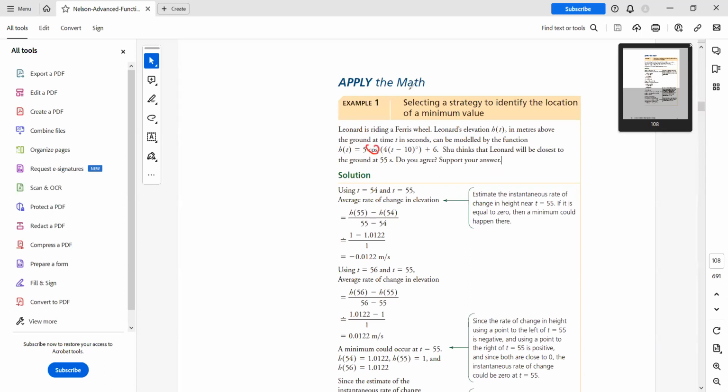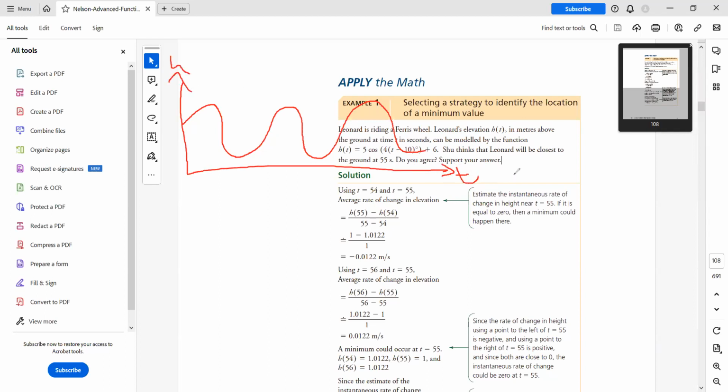We can see that this is a cosine function, or trigonometric function, which looks as follows. It's a periodic wave like this, and if this wave describes height with respect to time, then the lowest point of this cosine function, where the tangent equals 0, would be the point that is closest to the ground.